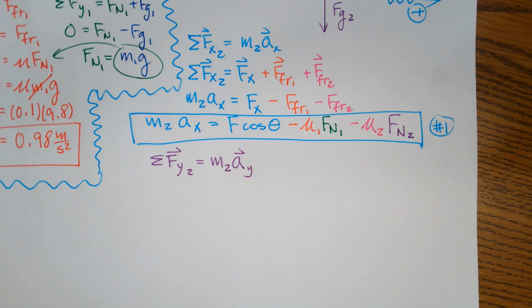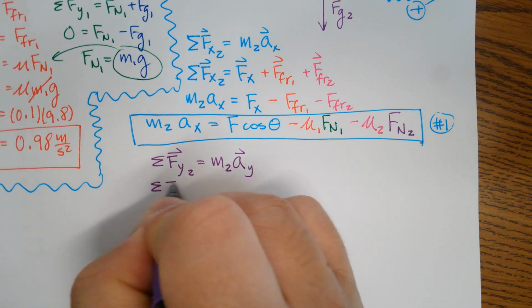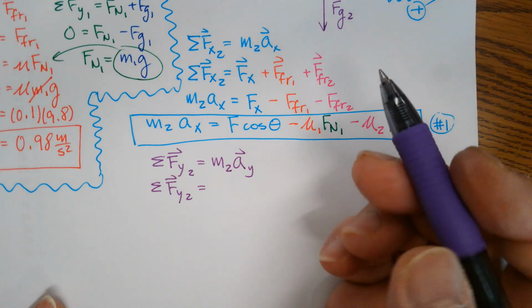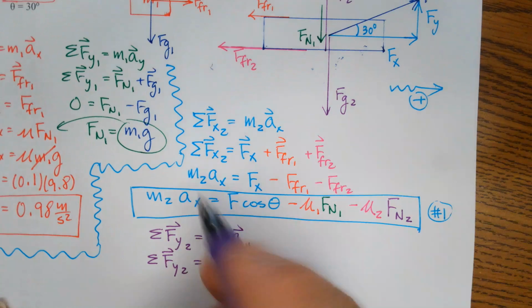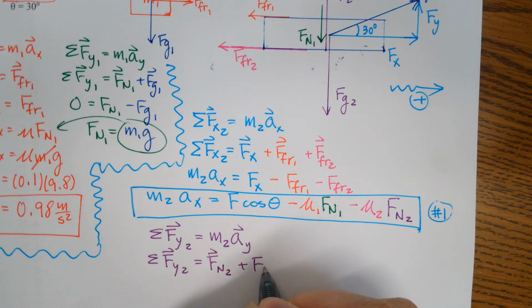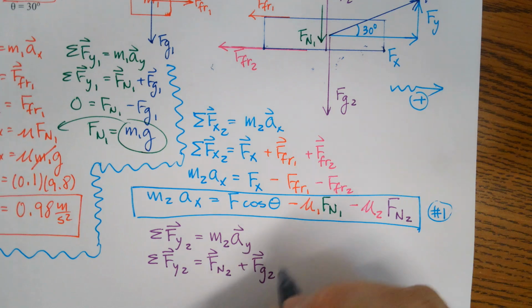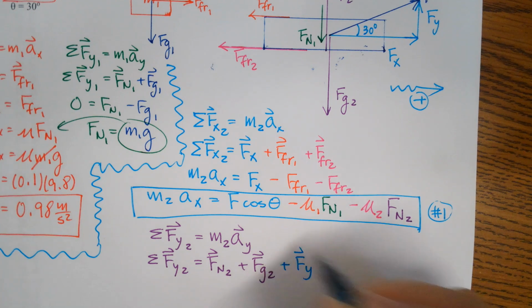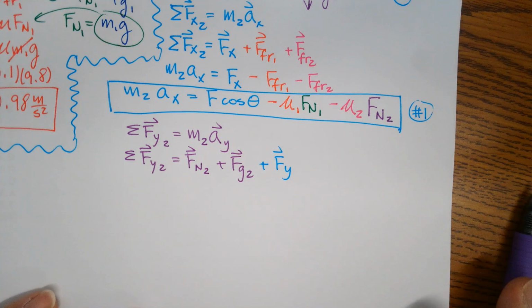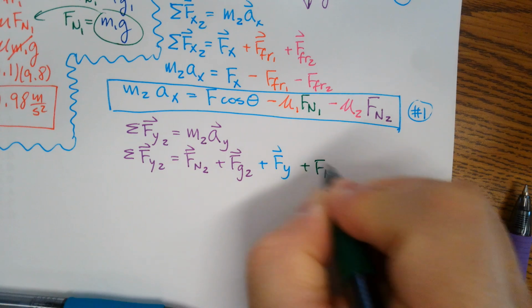And if I look at all the vertical forces acting on my M2, it looks like I have F normal 2, plus FG2, plus Fy, plus F normal 1.